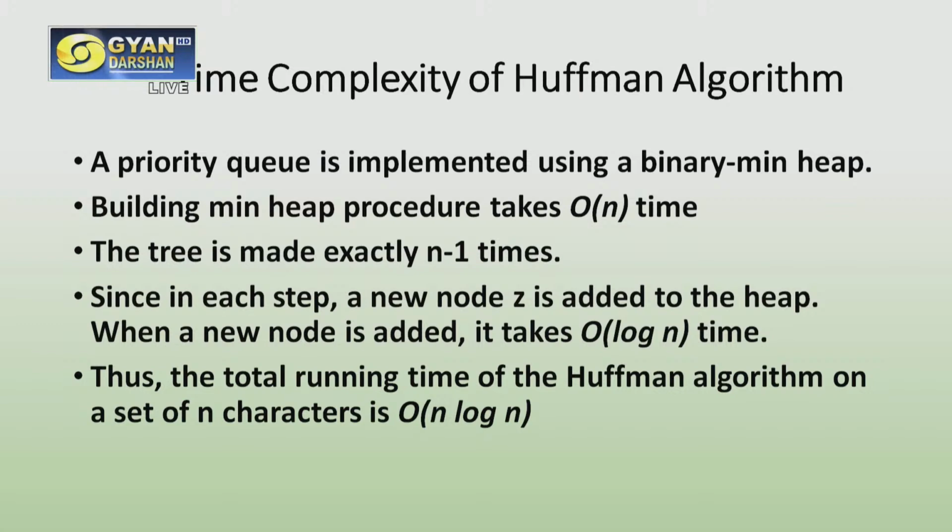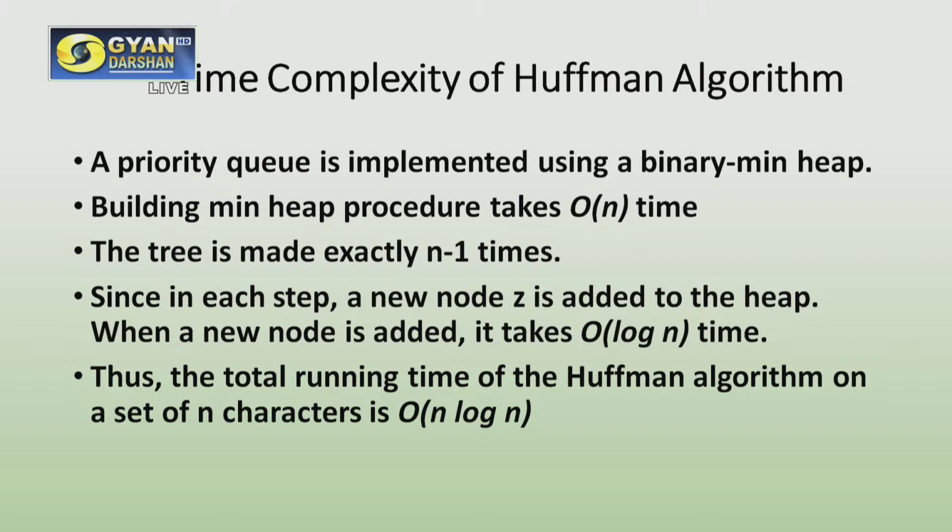Now let us talk about the time complexity of the Huffman code algorithm. Since we are using a priority queue, a binary min heap, building the min heap will take order n time. The tree is made exactly n minus 1 times, because every time we are extracting 2 nodes and putting back 1 node.